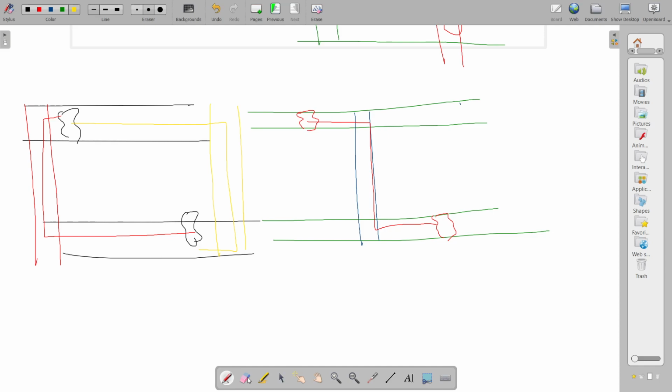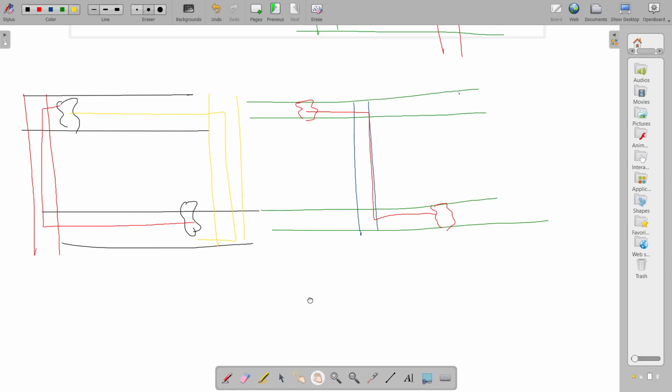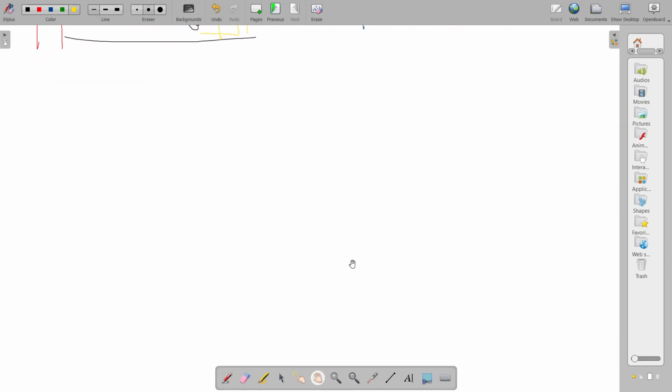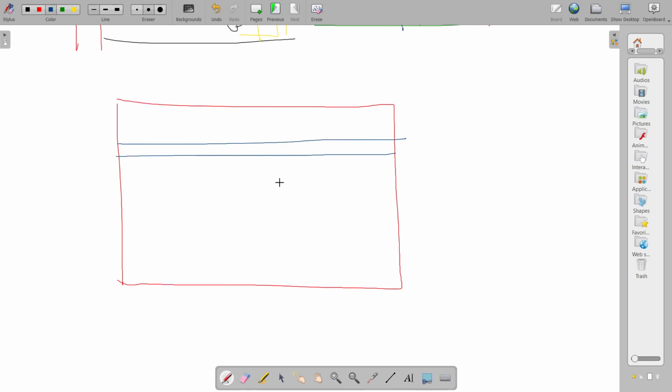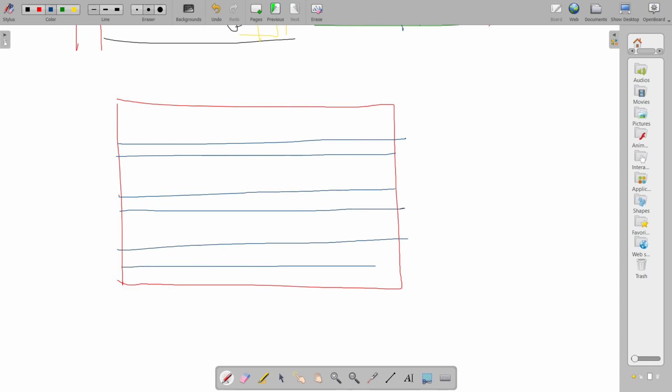So what is the gist of the algorithm? Suppose you have this grid and these are the roads.